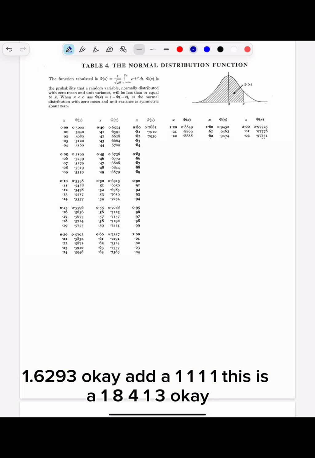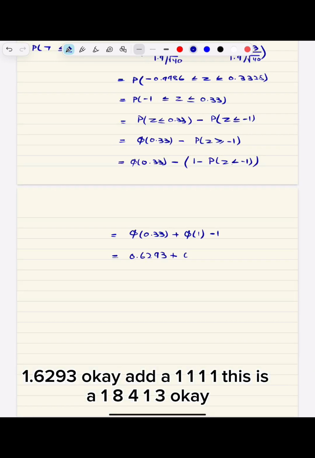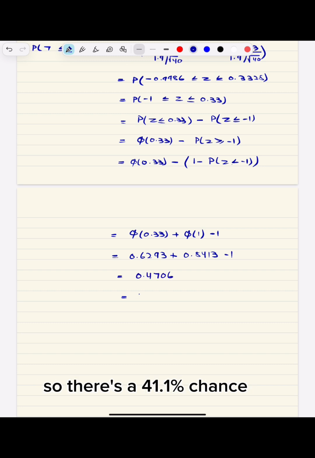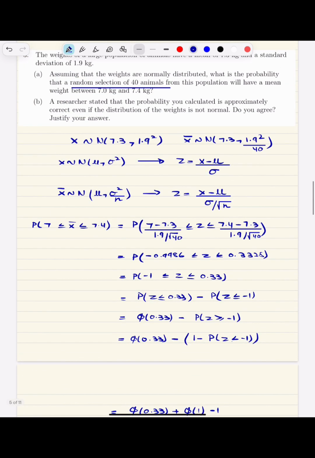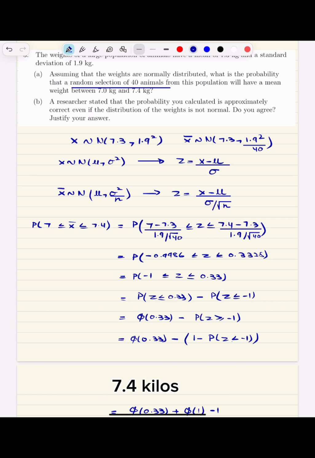Okay, at 1, this is a 0.8413. So 0.6293 plus 0.8413 minus a 1 gives 0.4706. So there's a 41.1% chance that the mean weight is going to lie between 7 and 7.4 kilos.